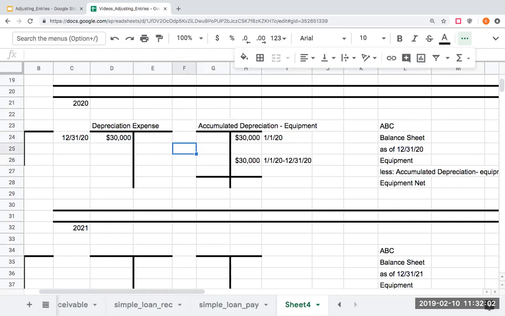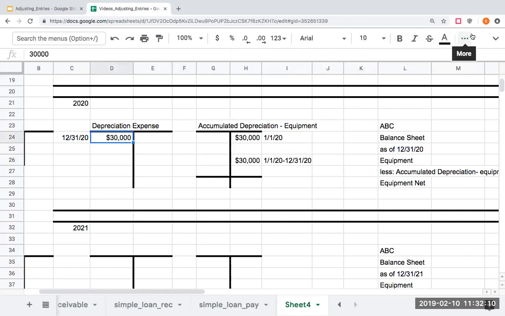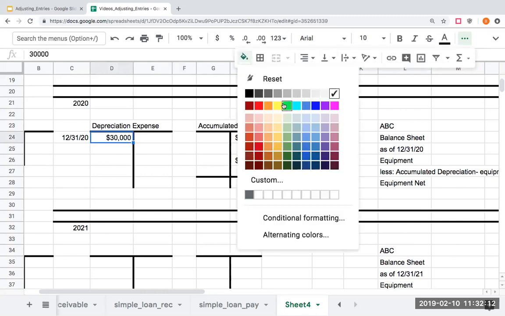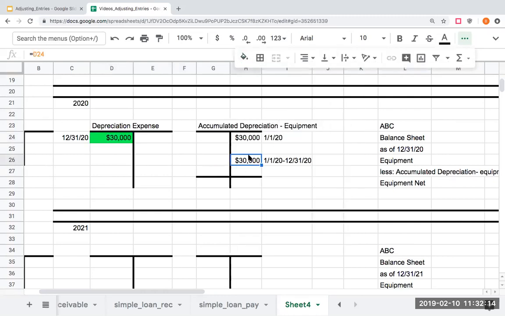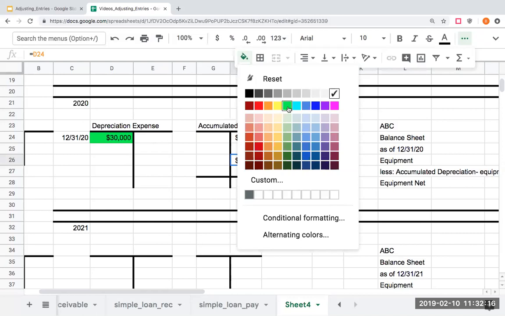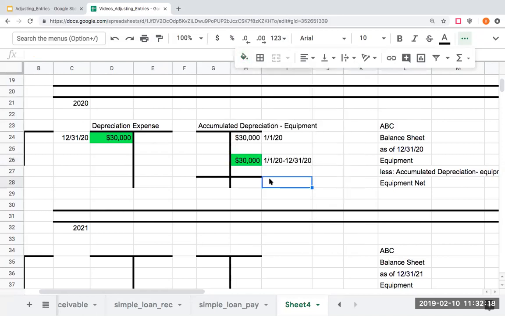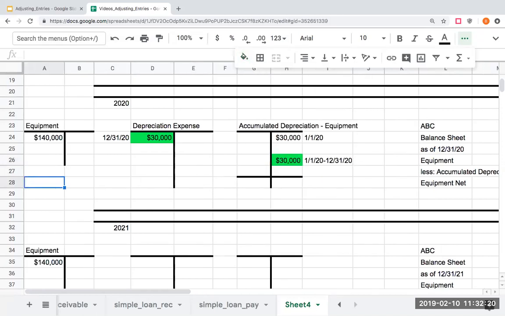So this is essentially my depreciation on that asset for the year. I've recorded the depreciation expense, which is a debit to depreciation expense of $30,000, and then a credit to accumulated depreciation. At the end of the year, that depreciation expense would get closed out to retained earnings and go to zero, because it's showing us what we use for a period.